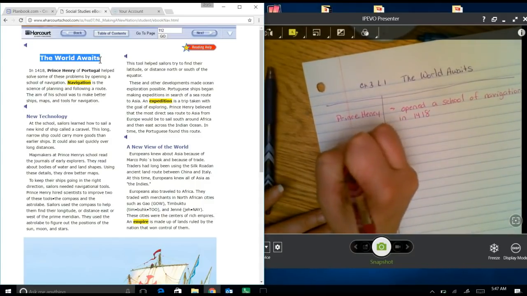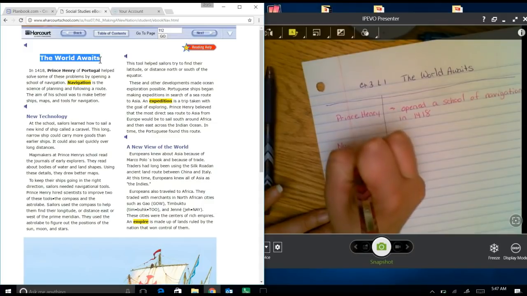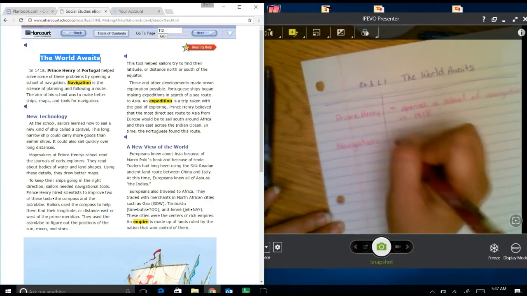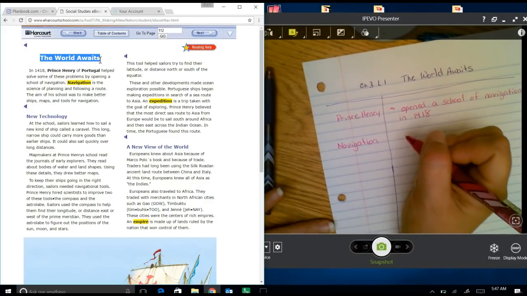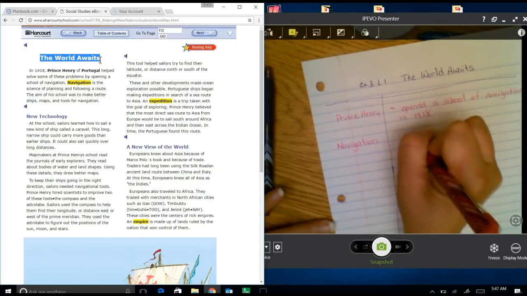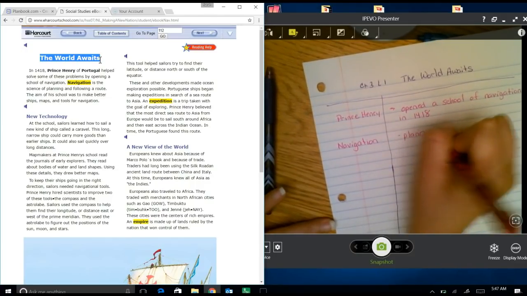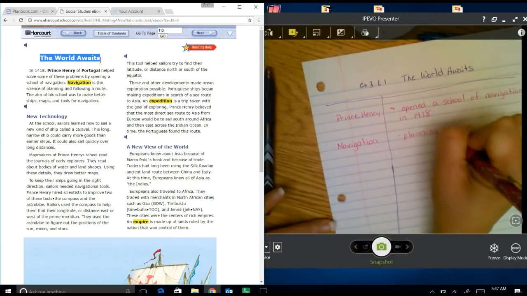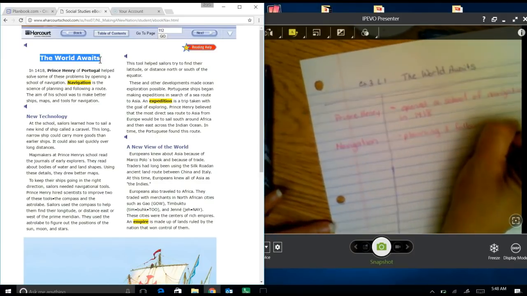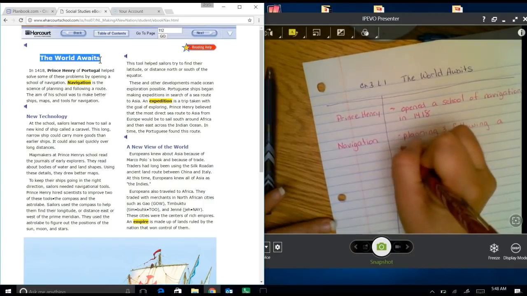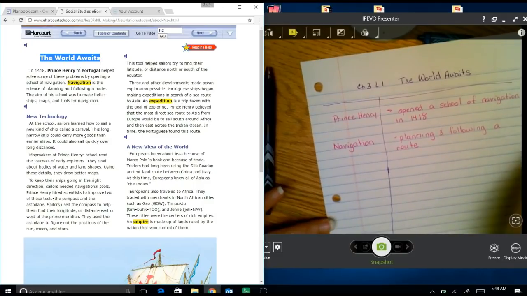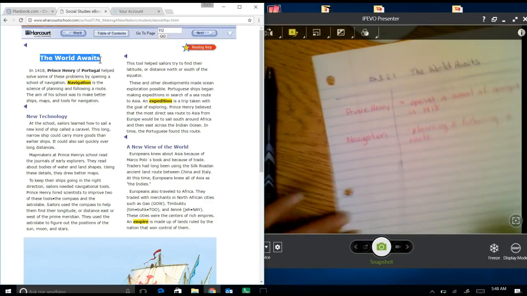Okay, I need to know what navigation is. Okay, navigation, it's the science of planning and following a route. What I think that means is he's going to work on the technology.